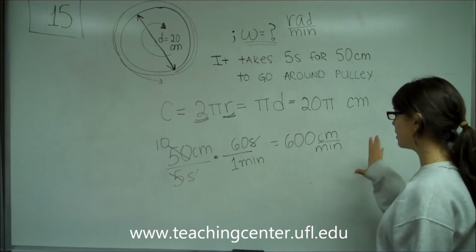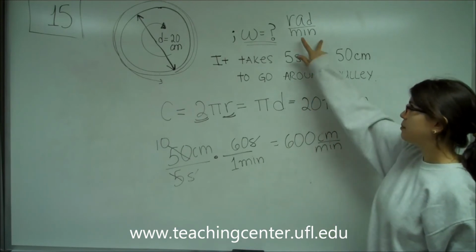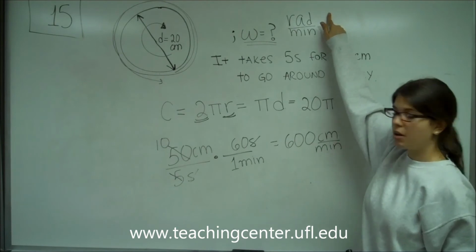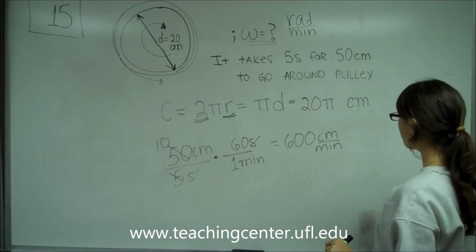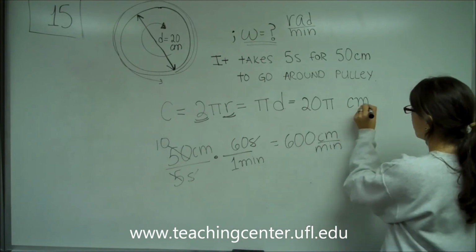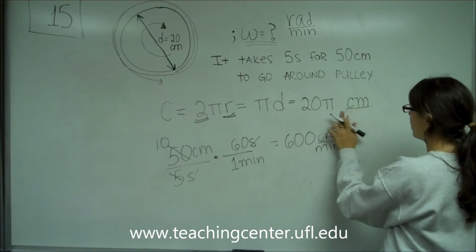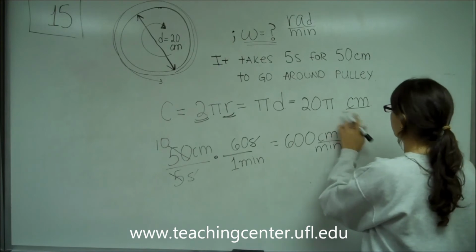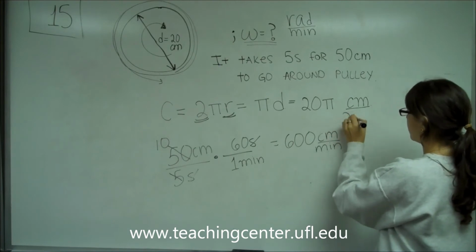I'm very close in that the bottom unit looks the same, but I need to match the radians as well. So this is really 20 pi centimeters per 2 pi radians.